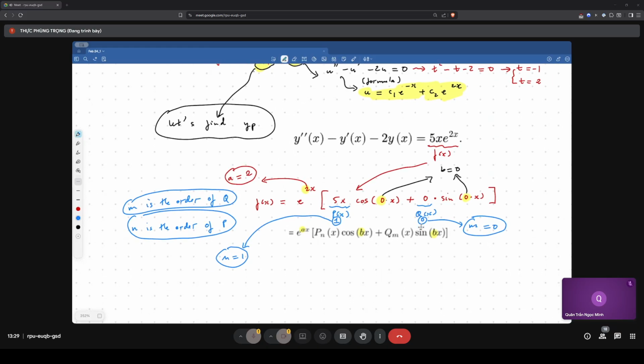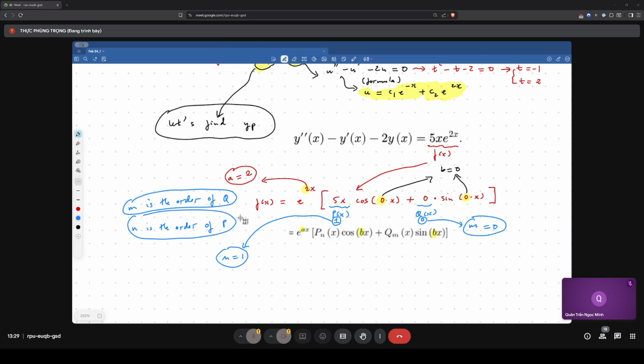Now let's go back to the formula. The formula we have right here is for finding a particular solution, and it divides into 2 situations. The first one is B is not 0, and the second one is B is 0. Which one is the one we had in our question? Obviously, the second one, B is 0, right?